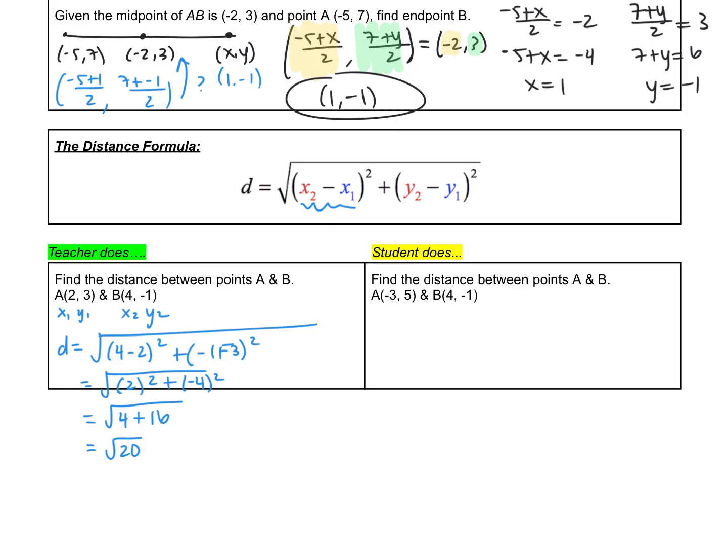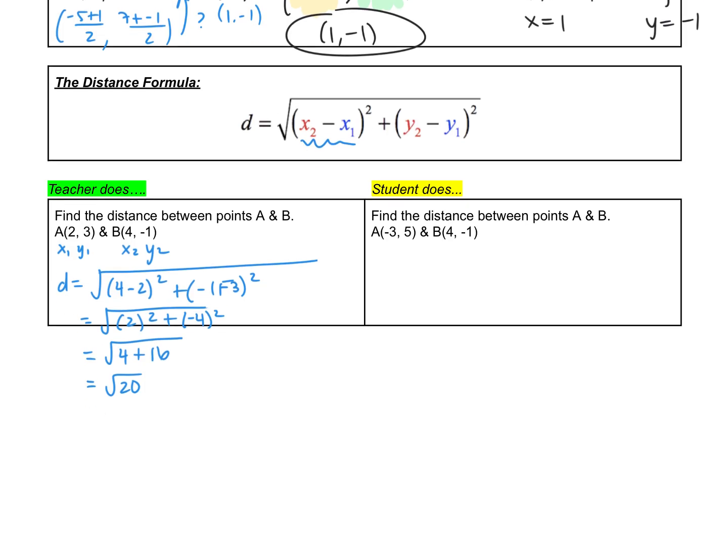I do want that simplified. What perfect square goes into 20? 4. So this is the square root of 4 and the square root of 5. The square root of 4 is 2. So we get 2 root 5. Now, 2 root 5, I don't know about you, I look at that, I really have no idea what that number is.